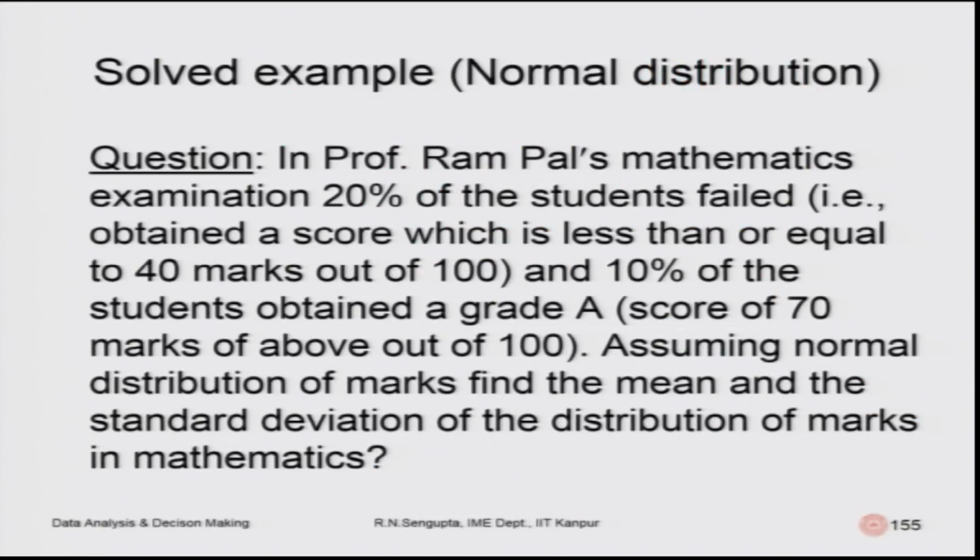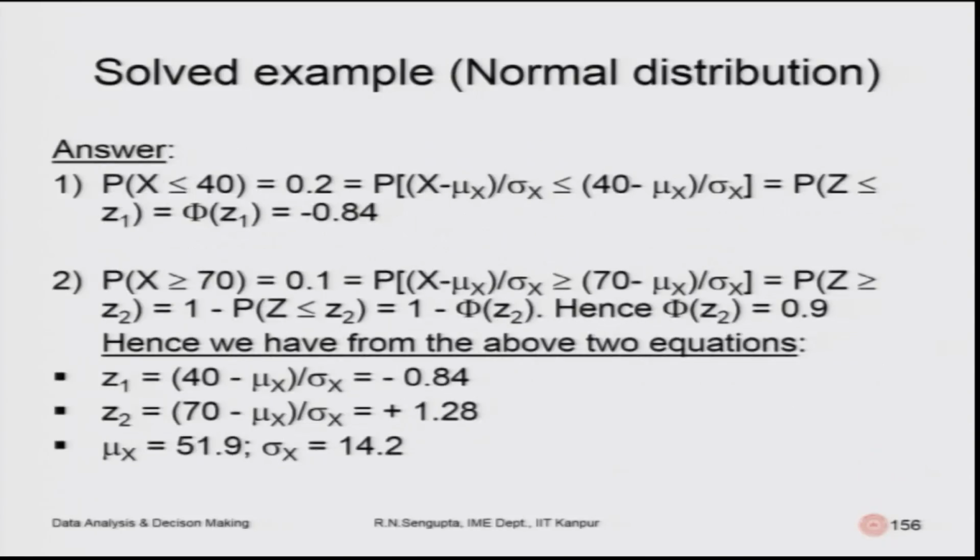Consider Professor Rampal's mathematics examination. So, this is an example, 20% of the students failed, the same thing. So, I am putting it into different words: obtained a score which is less than or equal to 40, 10% obtains a grade A score of 70 and above, assuming normal distribution, you solve it. It is the same thing. So, okay, only one error.